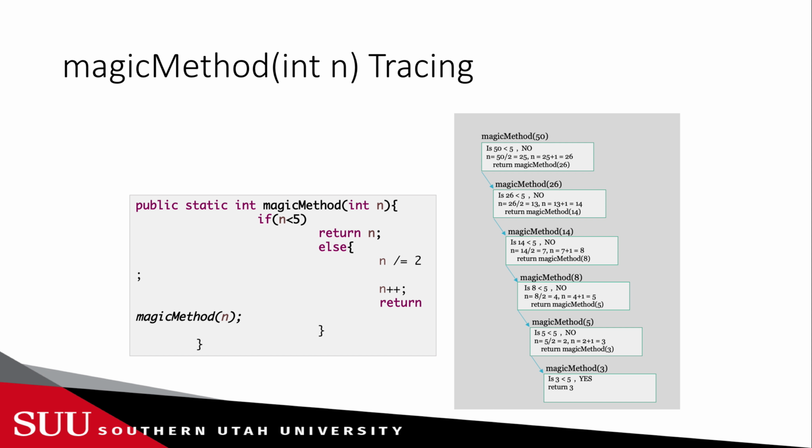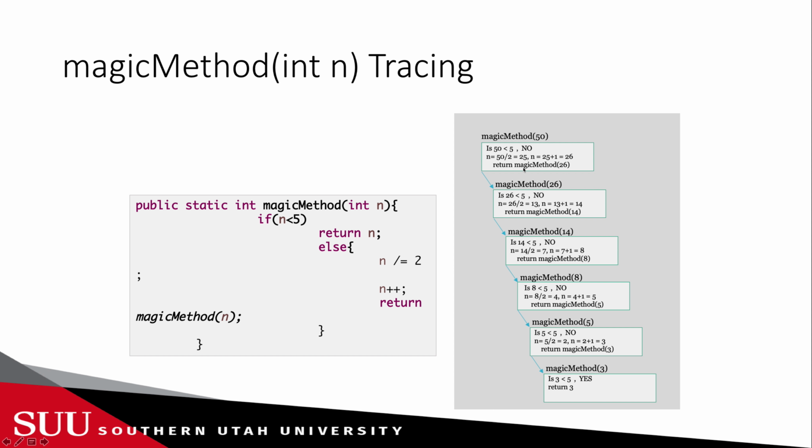Okay, so hopefully you paused the video and you tried to trace it, but let's trace it together. So let's see, if I call it with n equal to 50. Now, is 50 less than 5? The answer is no. So I will do this step. I will divide n by 2. That's integer division, because remember n is an integer.